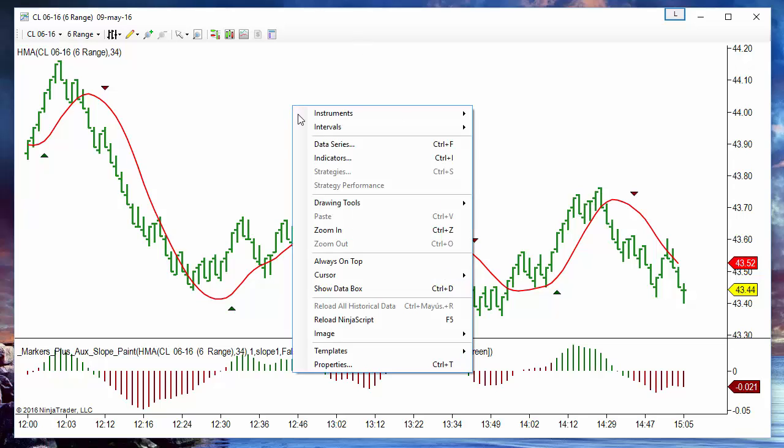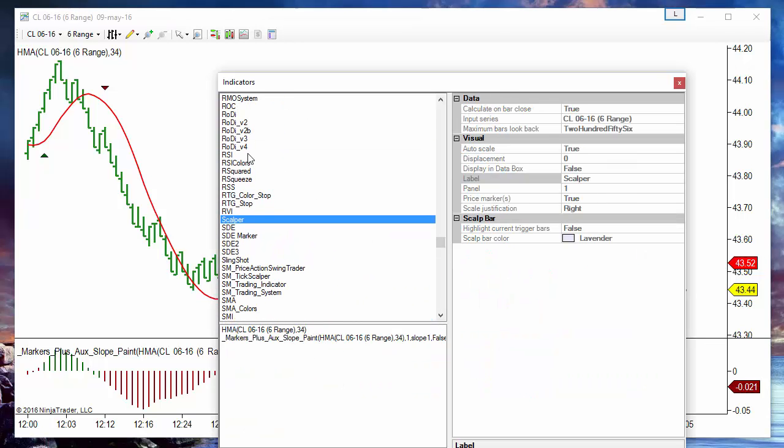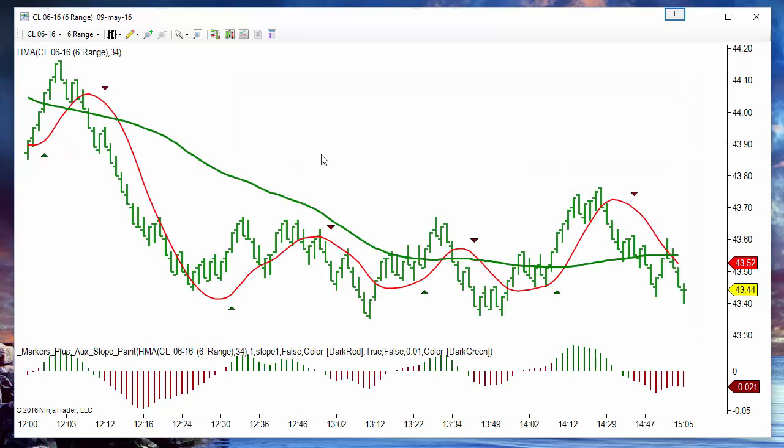But now if we want to add another filter, like for example using a simple moving average, let's say with a period of 50, in this case the slope of this line is almost down during the whole chart.